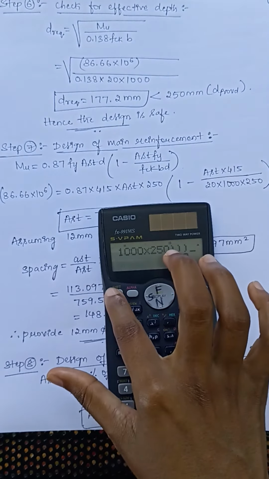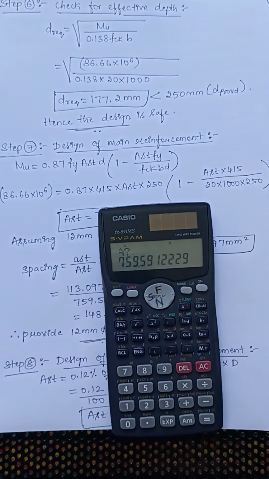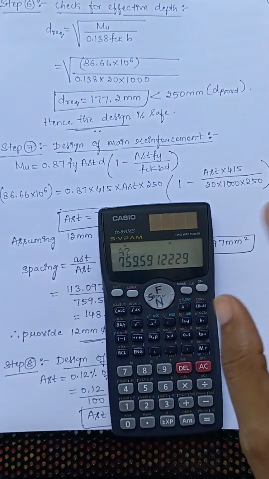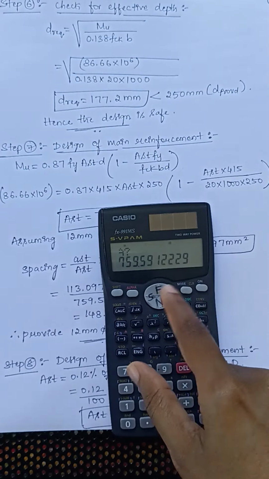After that, you press shift calculate. If you are not getting it the first time, you will get it the second time.